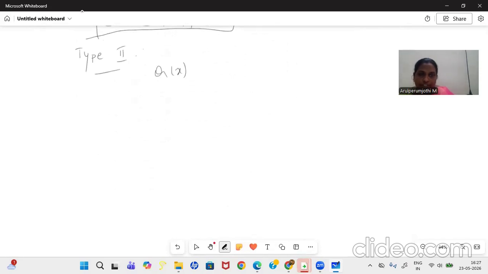If q of x, that is the right hand side of your differential equation, is sin ax or cos ax, then replace d square by minus a square.